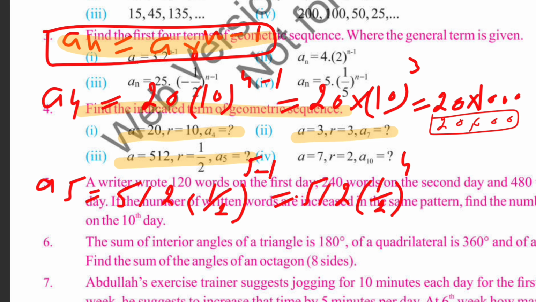Now simplifying more, 512 multiply 1 over 2 to the power 4, it means 2 multiplied 4 times, 2 multiply 2 multiply 2 multiply 2, 2 to the 4 is 16.